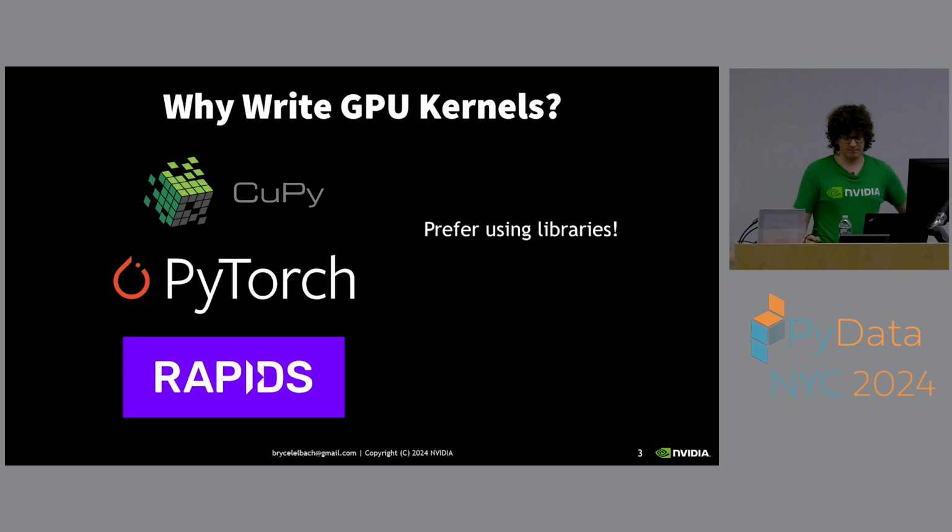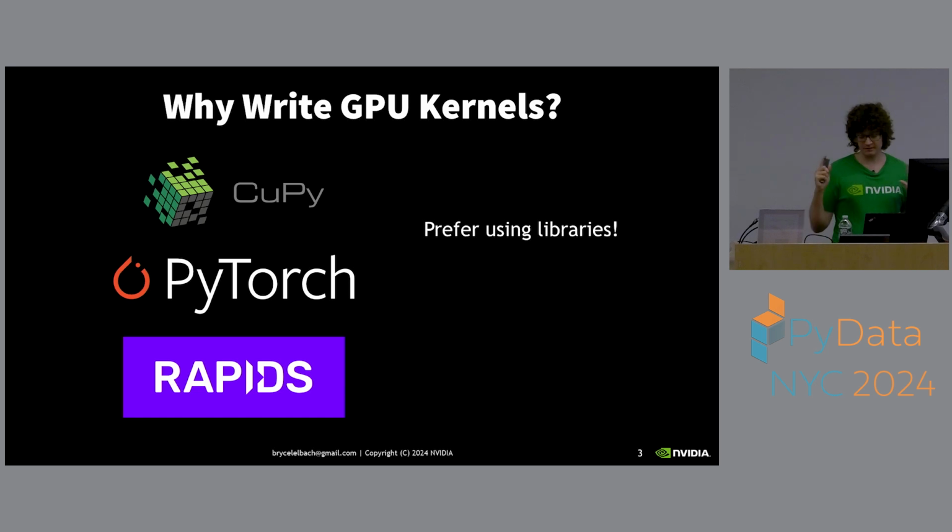So this is a talk about writing speed-of-light GPU kernels in pure Python. Now, why would we want to do that? There are many excellent GPU programming libraries out there, like CuPy, PyTorch, CUDA, and we have Python APIs for almost all of the NVIDIA math libraries, like cuBLAS and cuFFT.